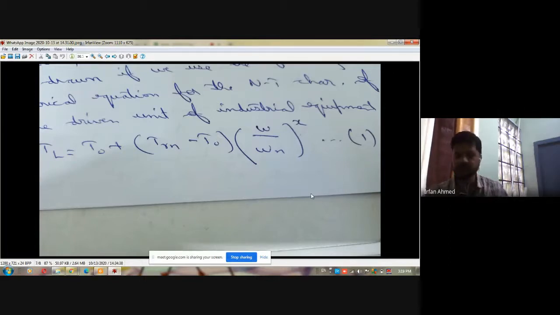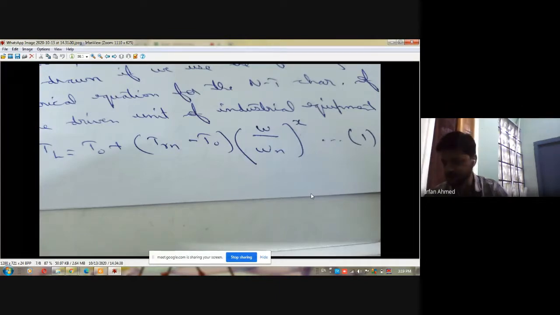So we have to know what the terms are here. First of all, TL. TL is the gross resisting or load torque developed by the unit at speed omega. Omega is the speed of the motor in radian per second. T0 is the resisting torque developed by the unit due to friction in its moving parts.